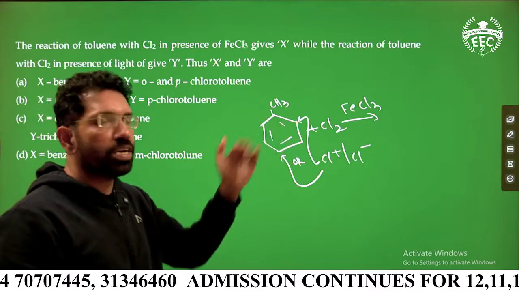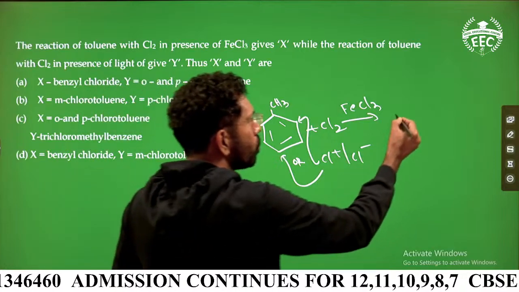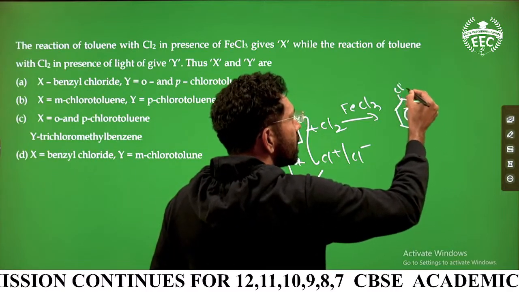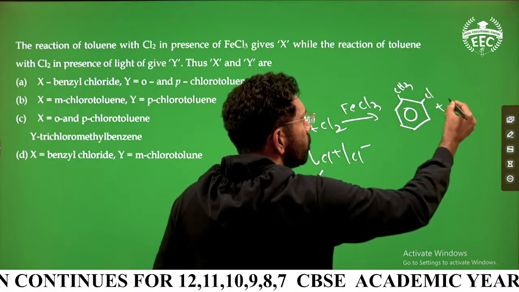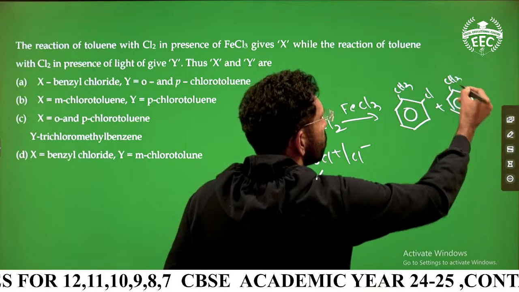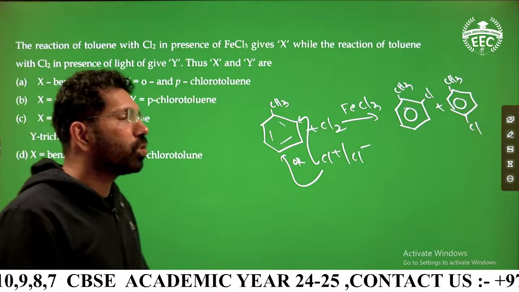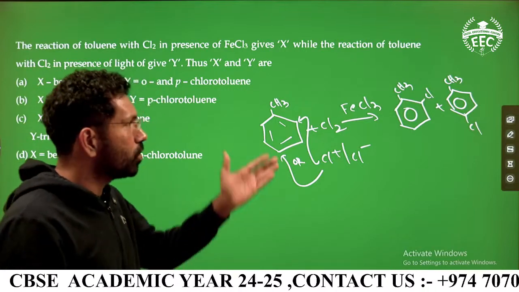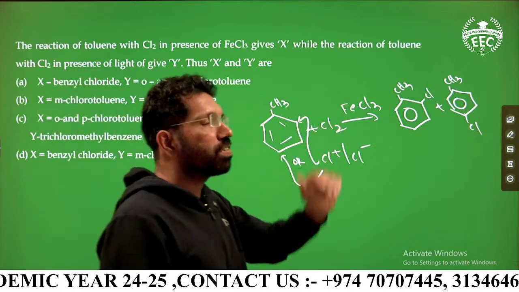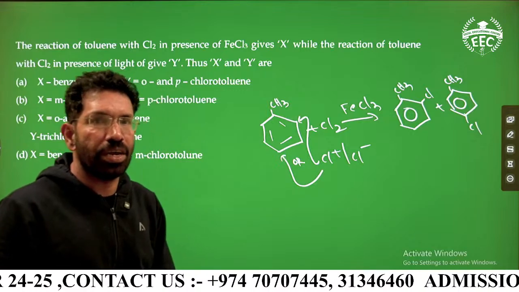So chlorine will attack at ortho and at para to get orthochlorotoluene as well as parachlorotoluene. You will get a mixture of orthochlorotoluene and parachlorotoluene. No doubt about it.